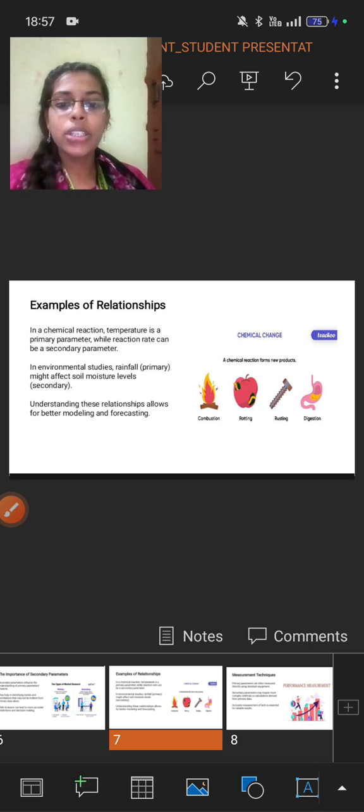Understanding these relationships allows for better modeling and forecasting. We can see in this picture chemical changing. Here is fire, boiling, and digestion.